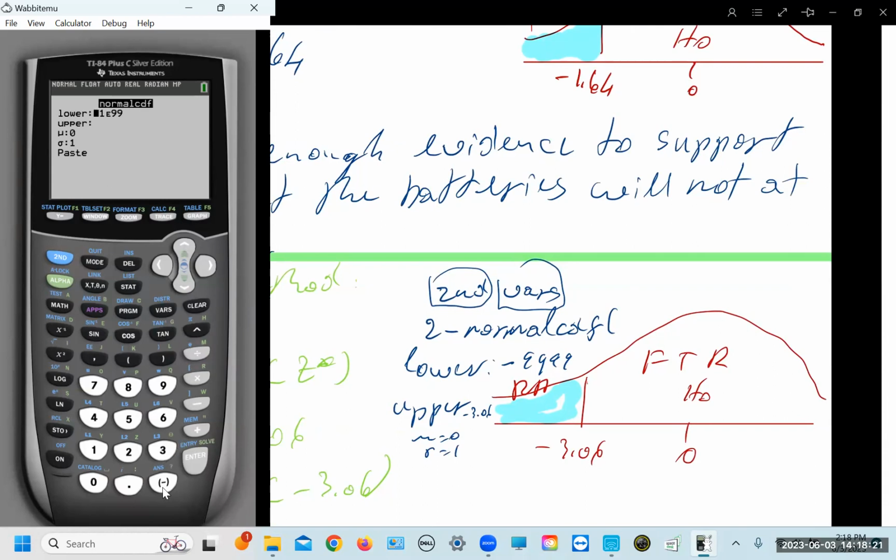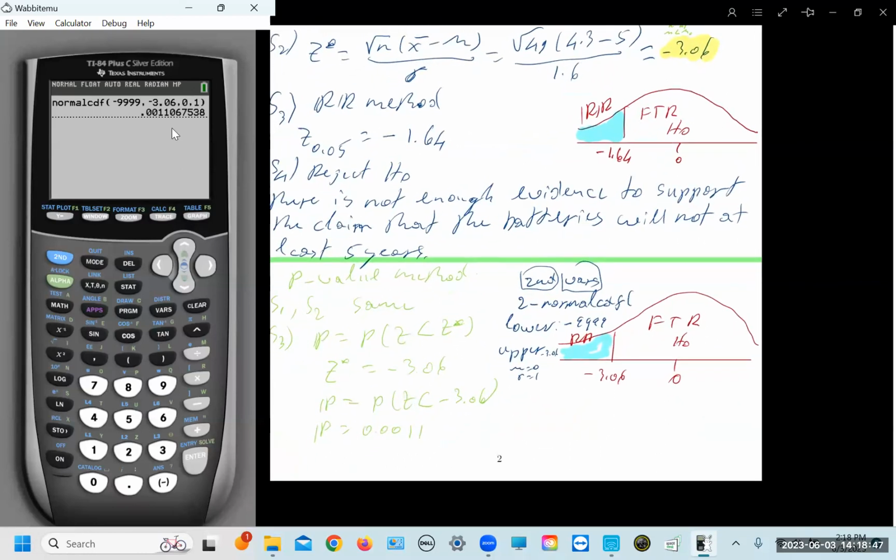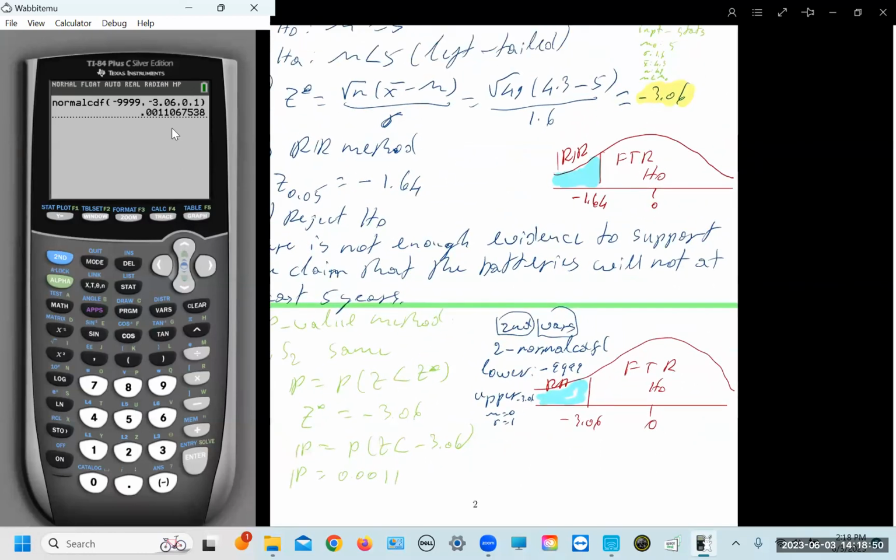So minus 9999, and the upper minus 3.06, and the mu 0, and we paste that, and it should be right there. See this? So this one is the rejection region. So step 4, reject H0. So we have the same thing like that.